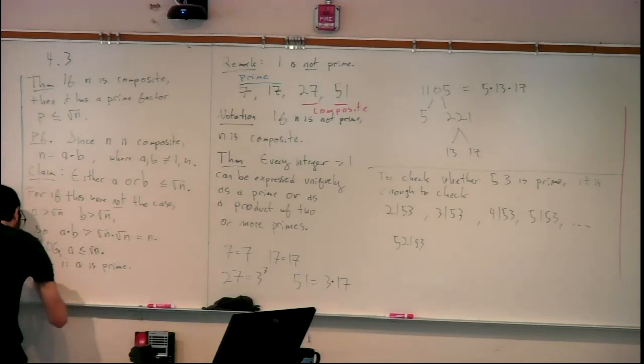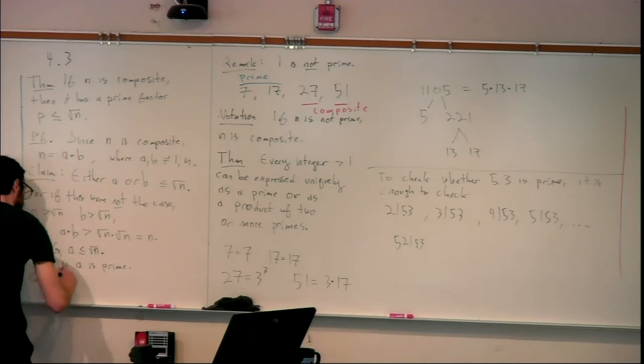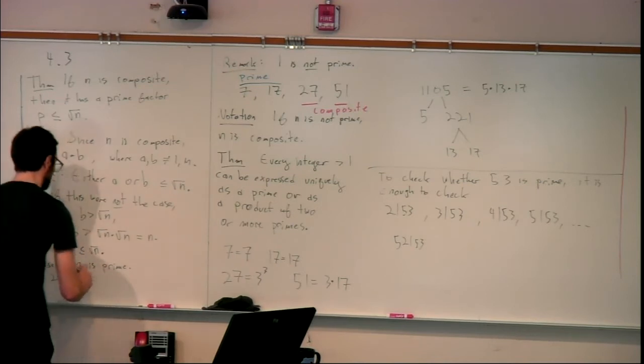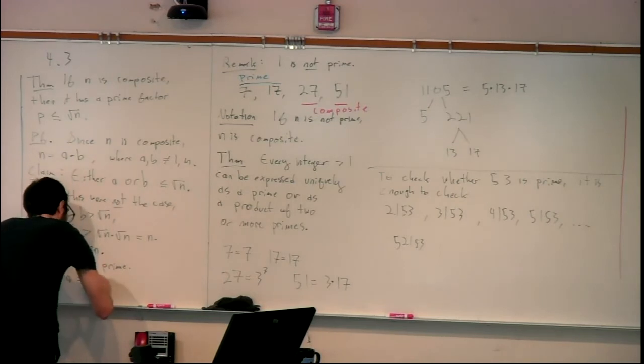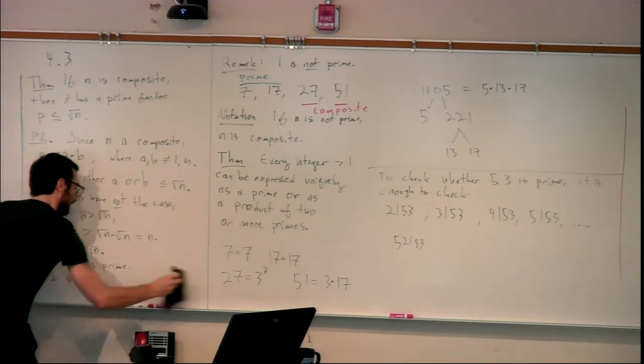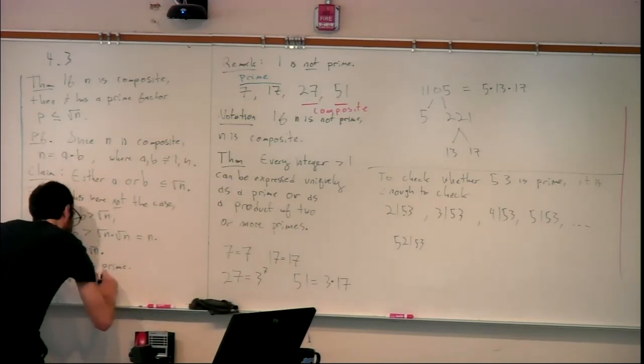Case 2, a is composite. So I'll write a is equal to p times something, where p is a prime.